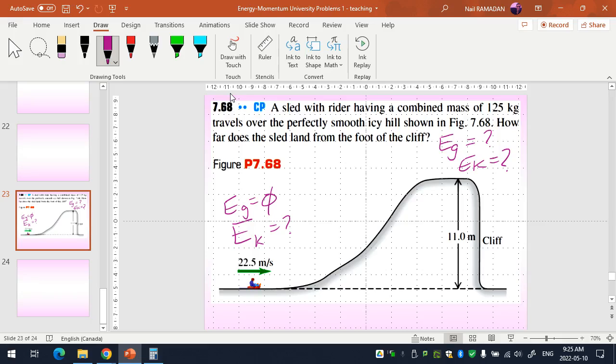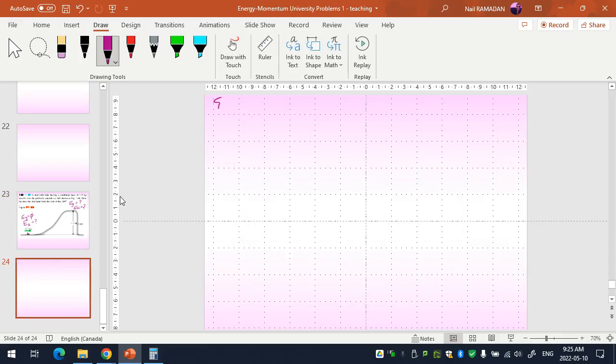All right. So let's do that. So step one, everyone. Step number one. EM initial must equal EM final. Oh, yeah, I'm setting up the equation first. Everyone, I'm following a different approach now.